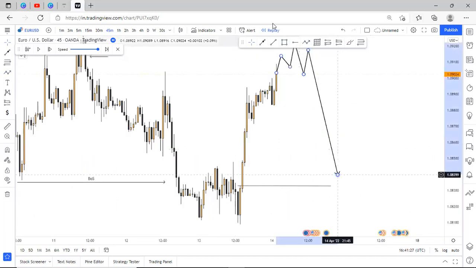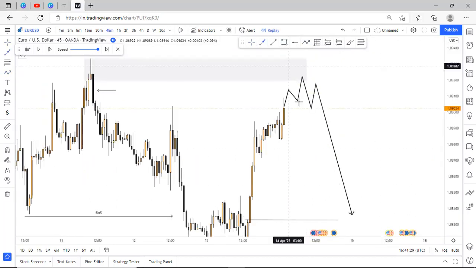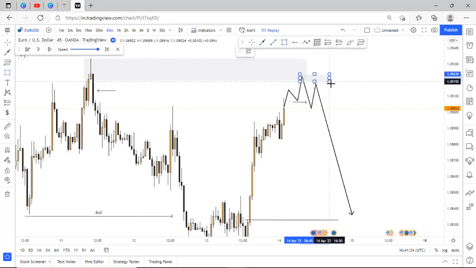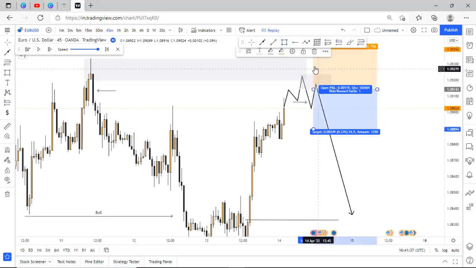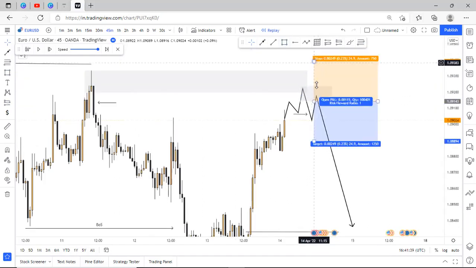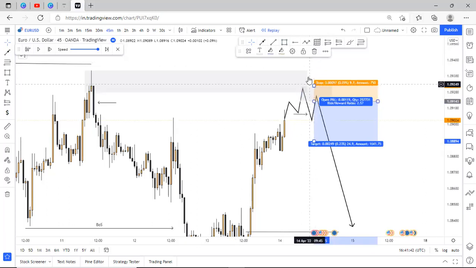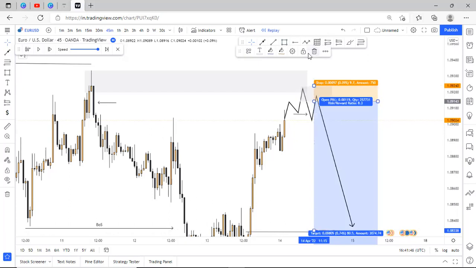I want to wait for a break of structure right here and a retracement back into this zone before taking my sell trade. This will give me the confirmation I need to take my sell trade down to this level.